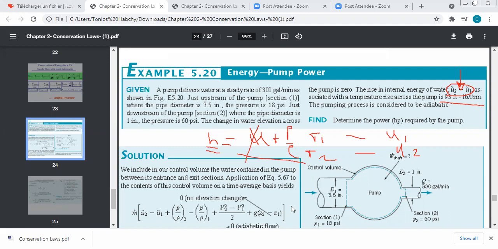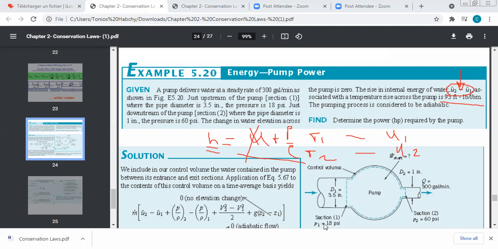And the other equation, in general, where do you find it? Always remember, don't disconnect conservation laws. You should always combine them. So you will always need to apply the continuity equation, because it can give you a relation between velocities. If one of the velocities is unknown and you know the other, you can find it.